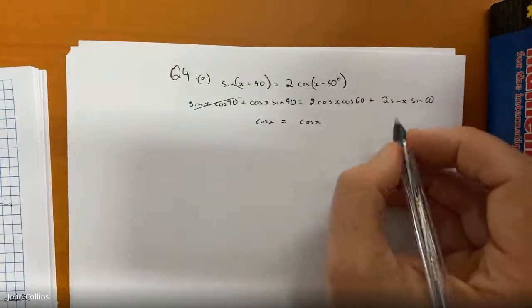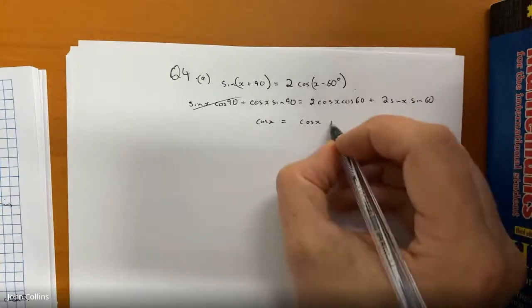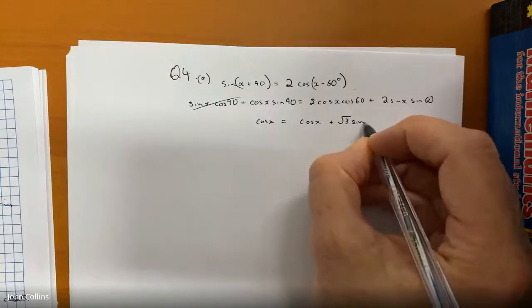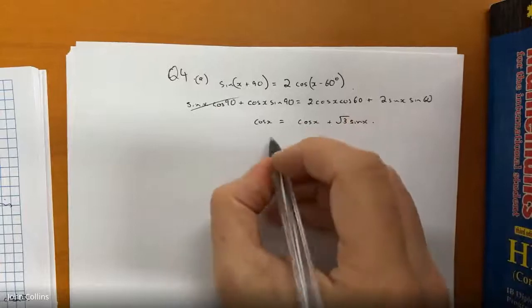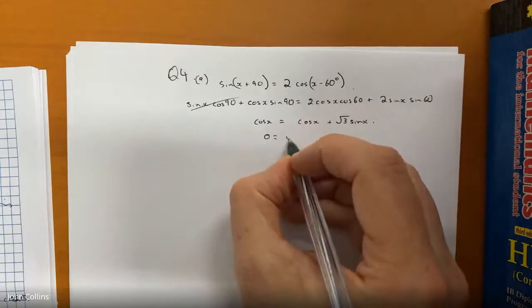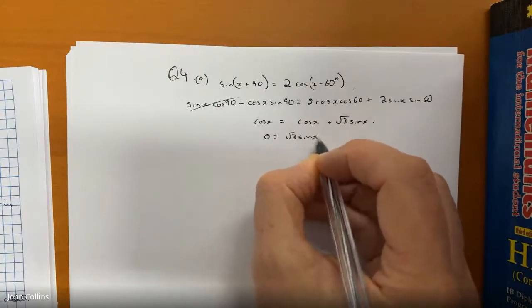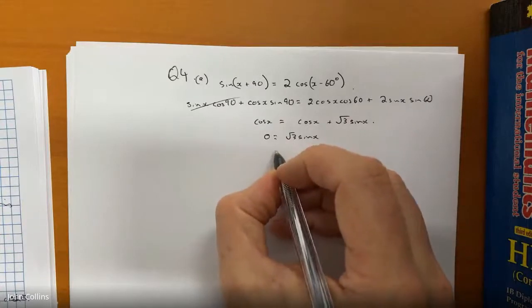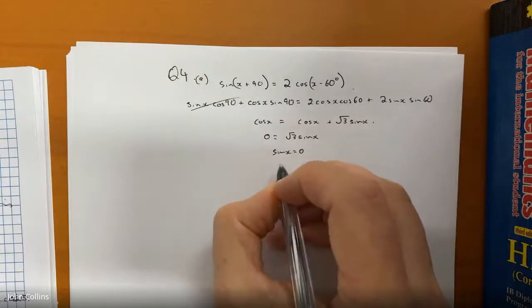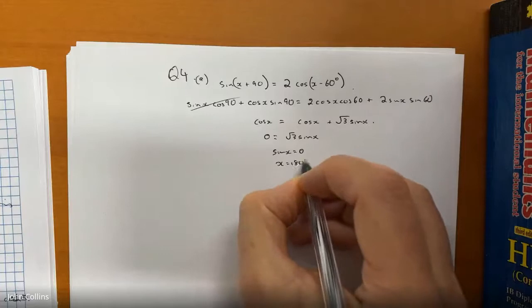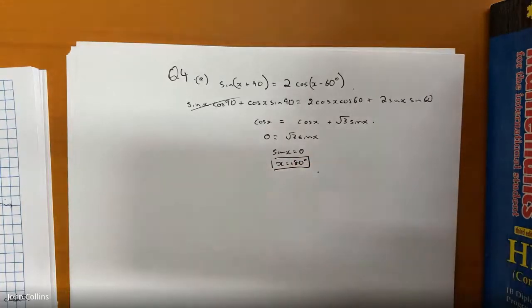It's going to be root 3 over 2, and the 2s cancel, so we're left with root 3 sine x. The cos x terms cancel over this side, so we're left with 0 is equal to root 3 sine x. Well, sine x is just equal to 0 then, which means x must be 180 degrees. Something like that, I hope.